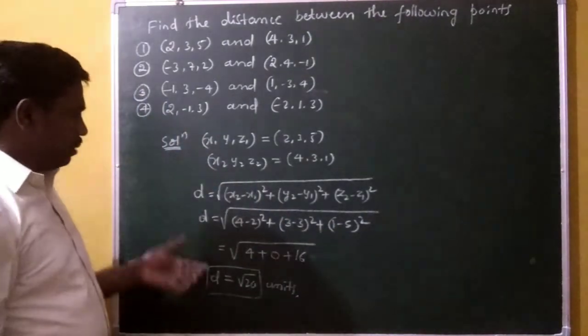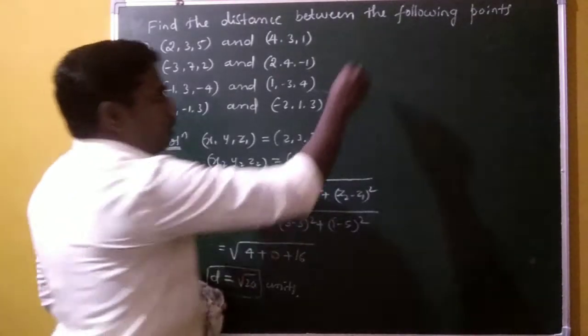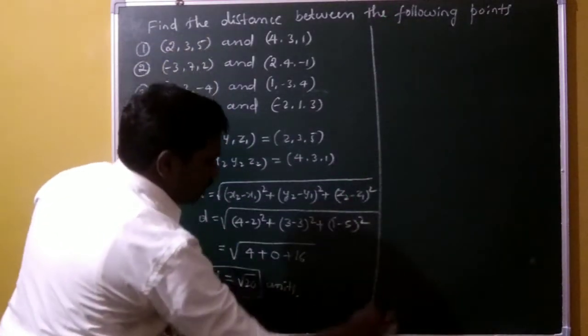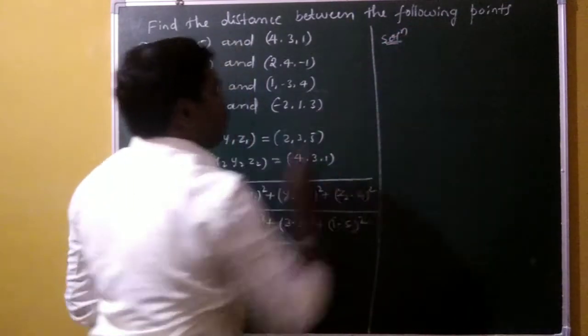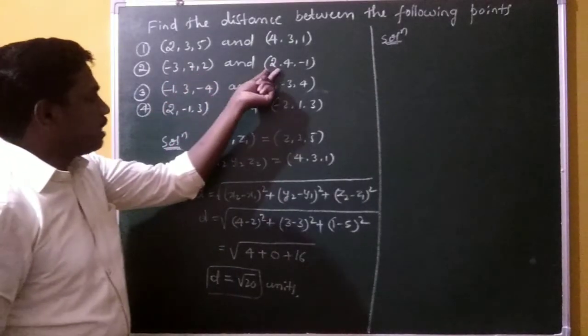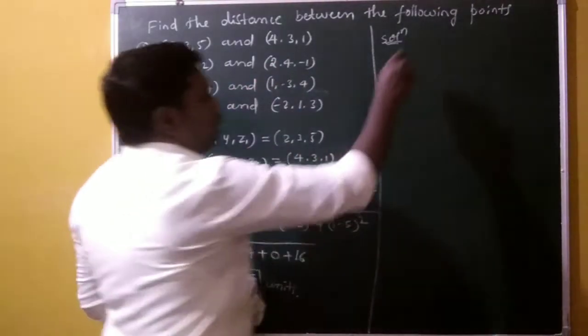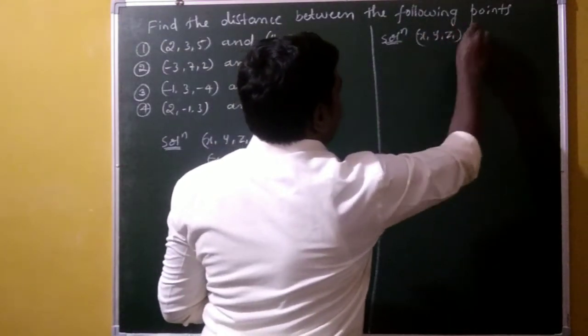Okay. So similarly, second one, third one, fourth one. Second one, solution. So this point is taken as x1, y1, z1 and x2, y2, z2. So x1, y1, z1 is equal to what?